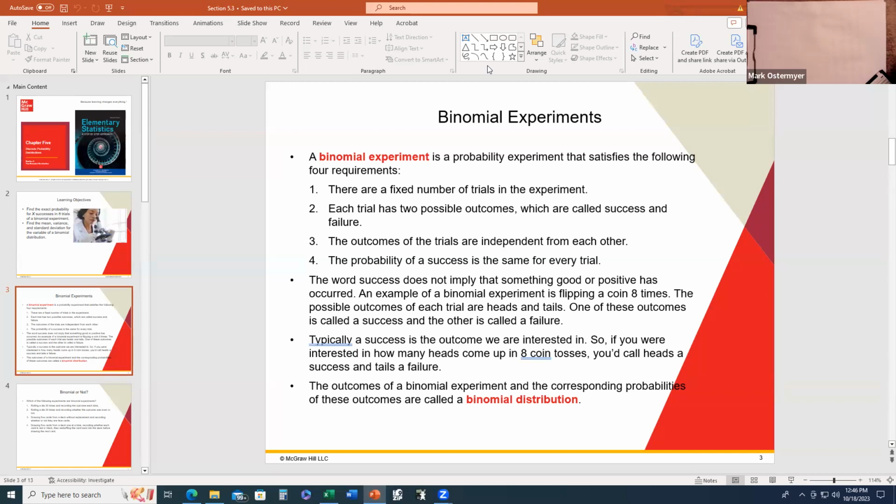The outcomes of a binomial experiment and the corresponding probabilities of these outcomes comprise what is known as a binomial probability distribution. We saw that when we defined what a discrete distribution was, actually last week.